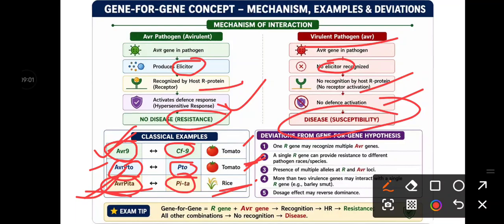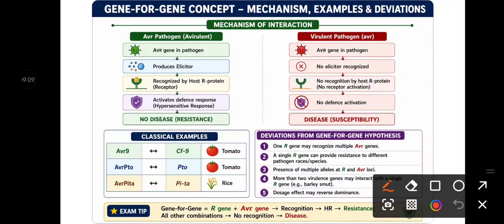So the concept of the gene for gene hypothesis is universal, but some deviations are there. Deviations are like, if a single R gene recognizes multiple AVR genes, then this gene for gene concept doesn't apply.